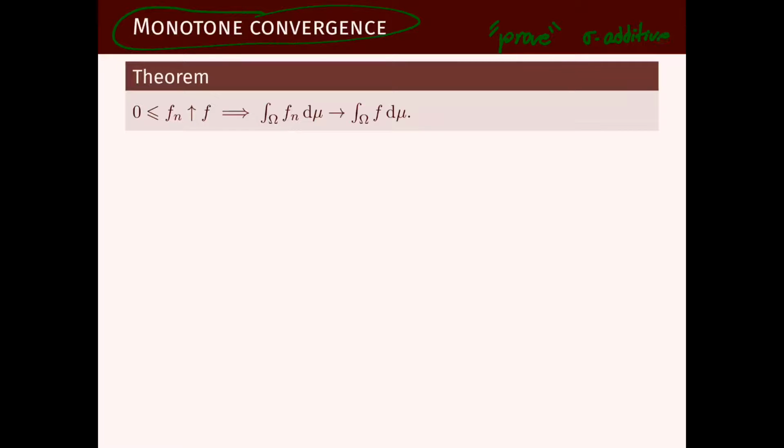The problem is we now want to prove that this integral satisfies the axioms, so we want to prove that it's sigma additive. We cannot use it yet, and we're going to do the other way around. We're going to prove monotone convergence and use it to prove sigma additivity. And of course, when we are proving monotone convergence, we cannot use sigma additivity because this will be circular. So we don't want to have a circular argument, so we have to prove monotone convergence really by hand using our brute force.